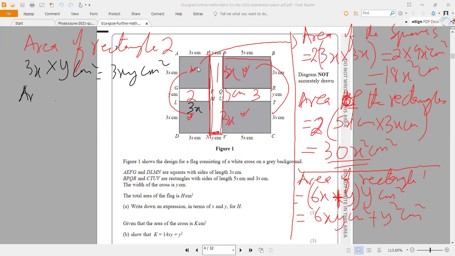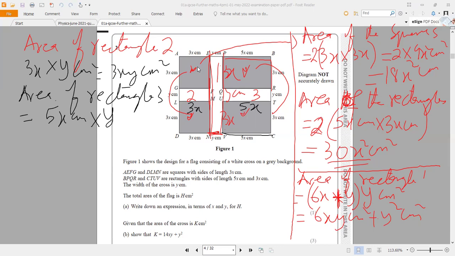So area of rectangle 3 equals this. Also this is 5x centimeters, so we have 5x centimeters times y centimeters, which will give us 5xy centimeters squared.